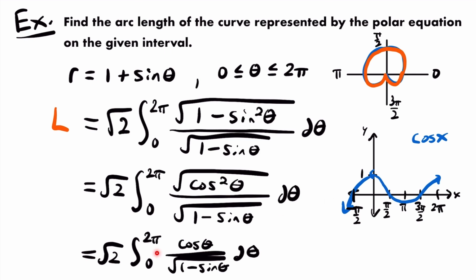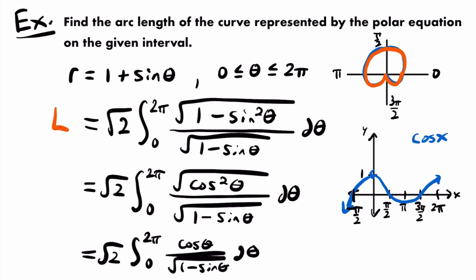So if we change our bounds of integration to be from negative pi divided by 2 to positive pi divided by 2, we could use positive cosine theta. But if we change our bounds of integration to be from pi divided by 2 to 3 pi divided by 2, where cosine is negative, then we need to write negative cosine theta.